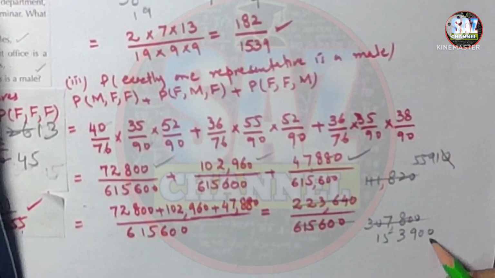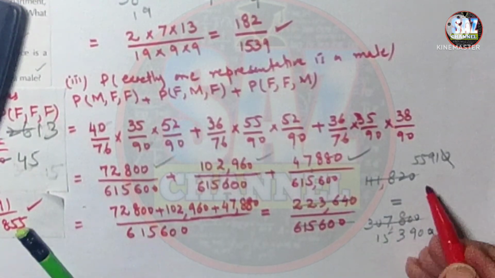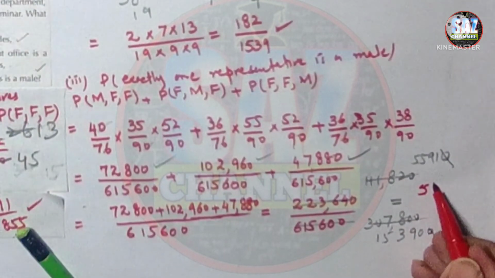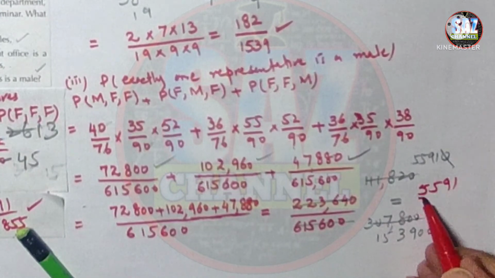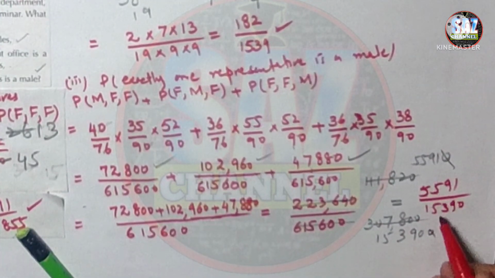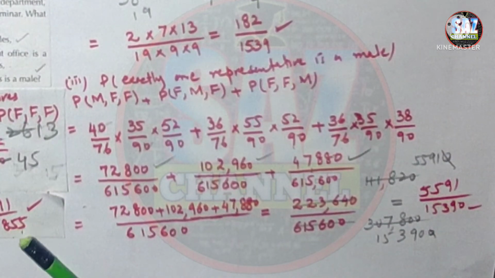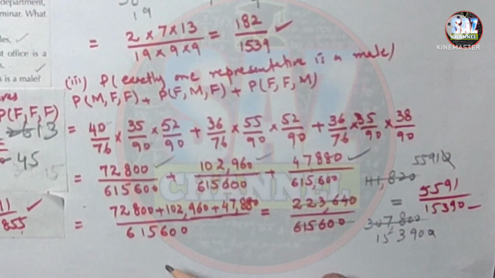Now I will go for the cancellation of 0 with 0, and I will have 5,591 upon 15,390.